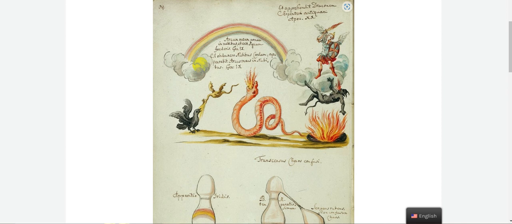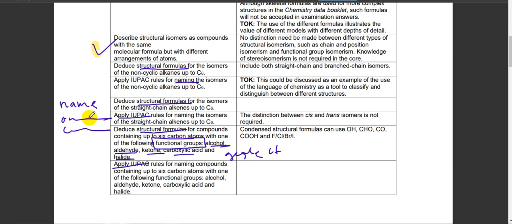That's why we need a common, universal language for science, so people will easily understand our knowledge. So we also need to create rules to name organic compounds, so that we are able to communicate with each other.